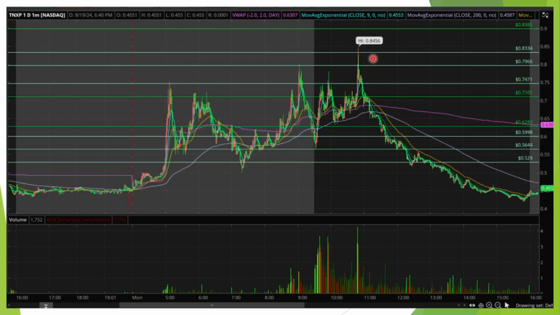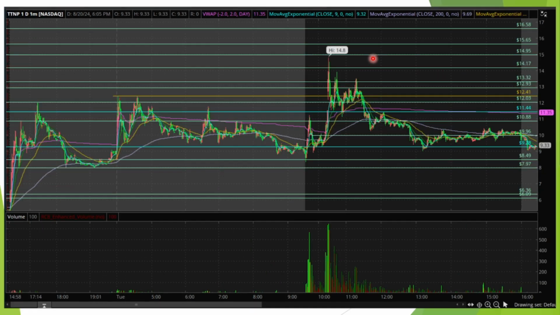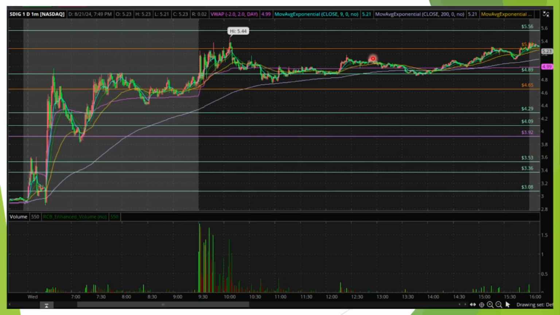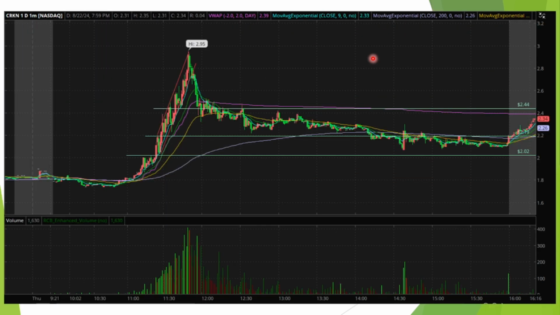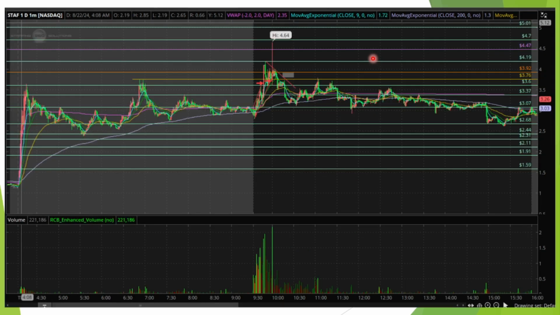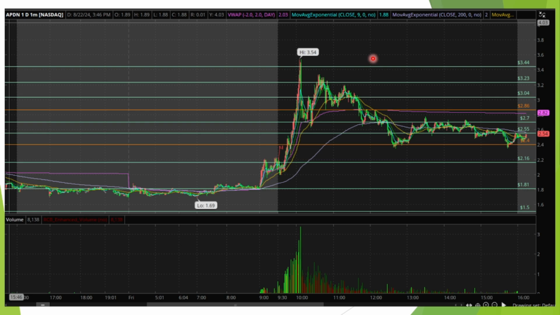You can see most of these are either flat or pushing into open. Some of these are fading, like this one. This one has no pre-market. This one essentially no pre-market. Flat, pushing. This one had essentially no pre-market, and then it popped here.